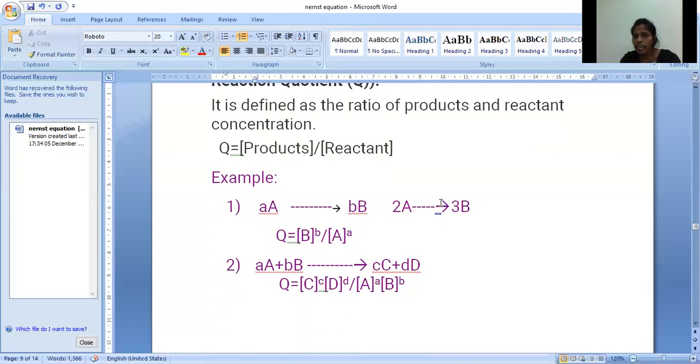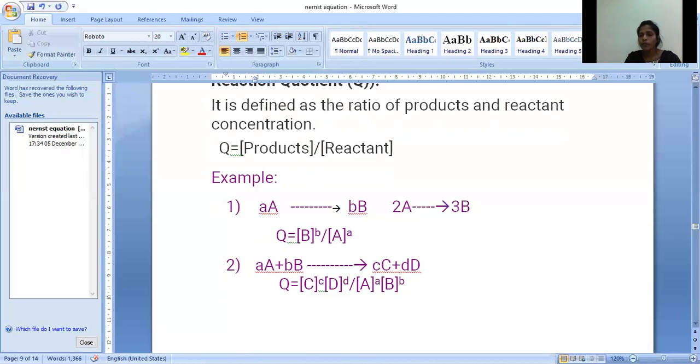In this case, I have taken only one reactant and only one product. In this next example, I have taken 2 reactants and 2 products. Before the arrow, reactants, after the arrow, products. So Q is equal to C power c into D power d divided by A power a into B power b. So that is the equilibrium constant or the reaction quotient.